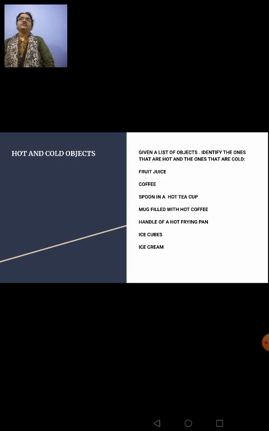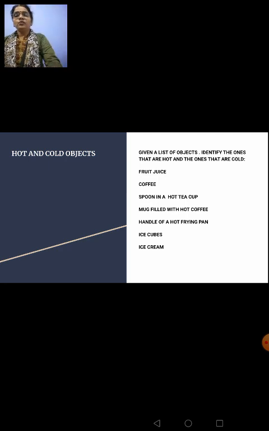Fruit juice, obviously we prefer having it cold. So by touching and by looking at the object, at times when the steam comes out or when the outer surface of the vessel has some water droplets, you can easily tell whether the object is hot or cold. But normally the hotness or coldness of an object is decided by the temperature.